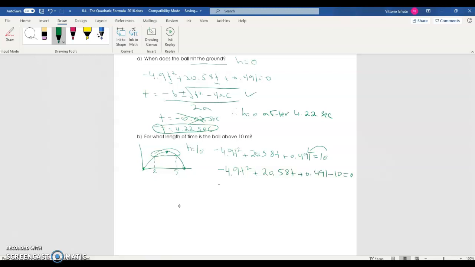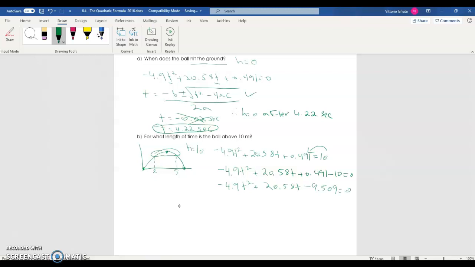Then we can clean it up. Negative 4.9 t squared plus 20.58 t, and then you can figure out what that is in your calculator. 0.491 minus 10 gives you negative 9.509 is equal to 0.